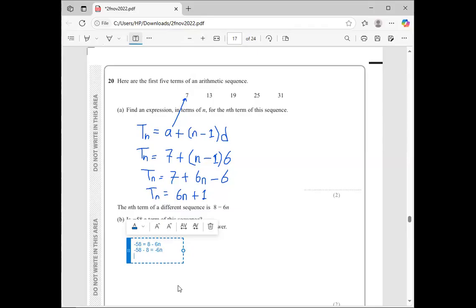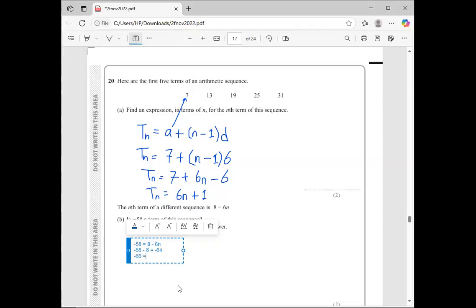Okay? Next line, minus 58 minus 8. What will that give us? Take a look at what you're dealing with. You have minus, minus, not minus times minus. Minus 66.